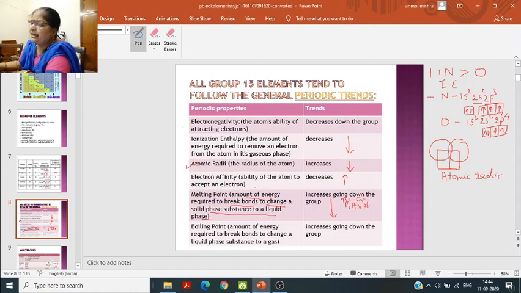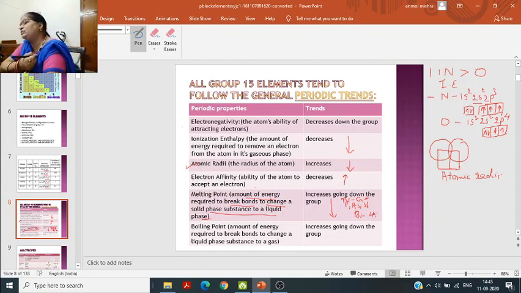A gas actually has a boiling point, but if you liquefy it and then freeze it, it may change into solid, but it is gaseous in nature. So you can think over it that it always has the lowest melting point in the group, and bismuth has the highest melting point.